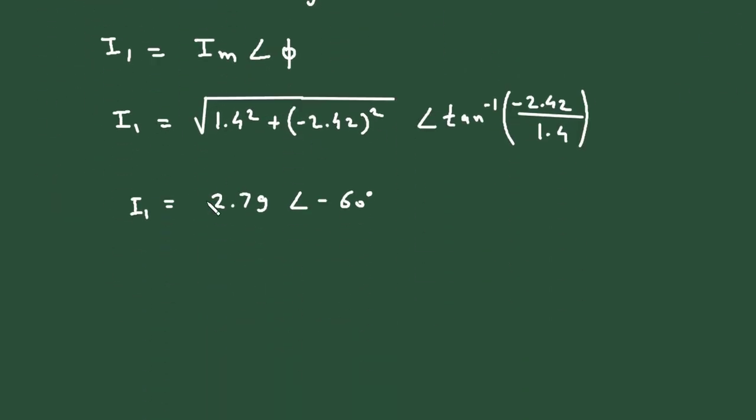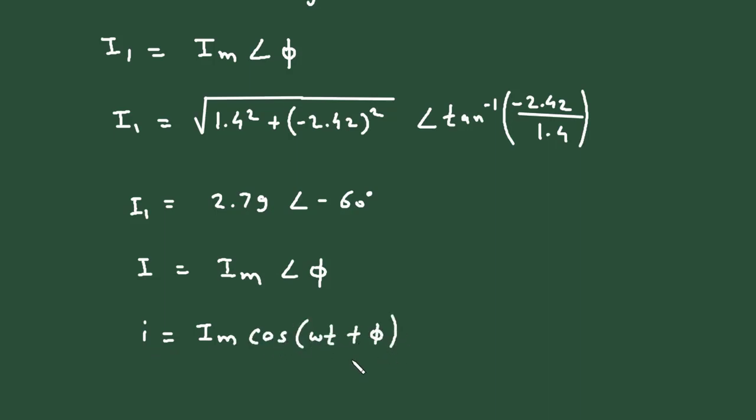Now we got this in this form, and we know that I1 or I is equal to Im at an angle phi. We need this in time domain format. This is called the phasor domain format, and in time domain it will be Im cos omega t plus phi.